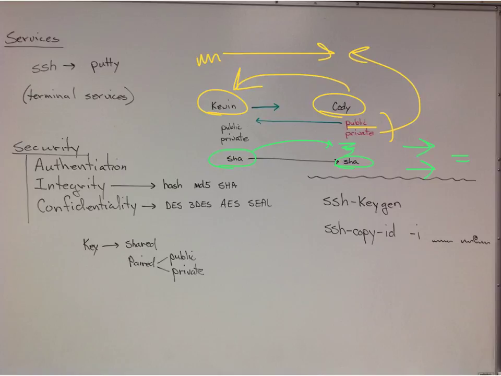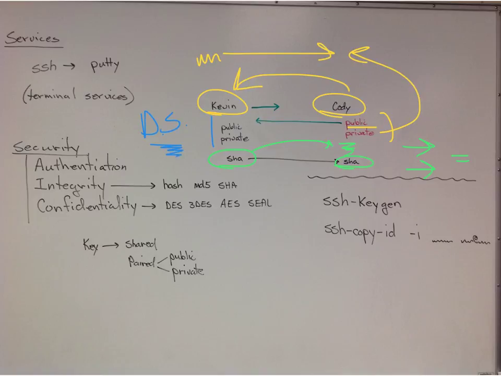Third thing, we'll do it in what color here? Blue. If we want to prove Kevin sent the information, Kevin can take the information and maybe he could create a digital signature for the information.